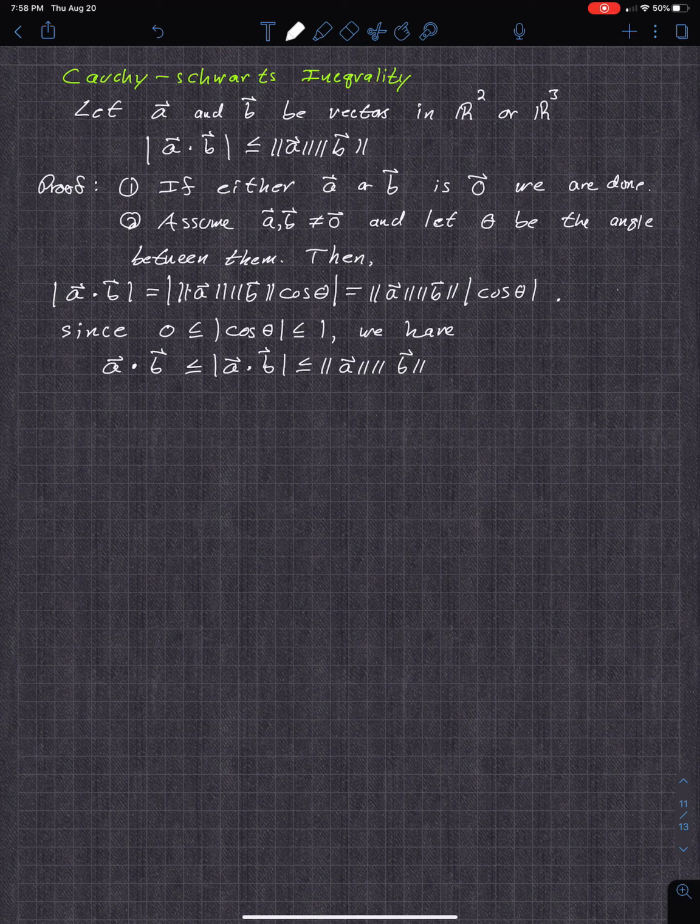Why does that inequality work if the magnitude of cosine is smaller?